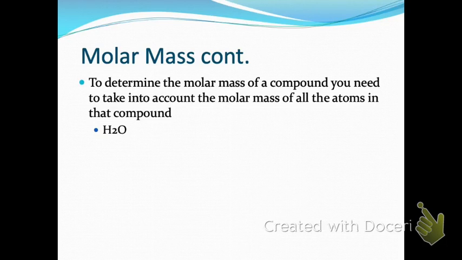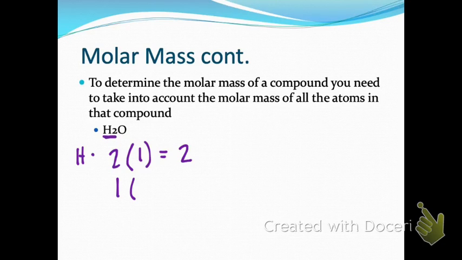If I want the molar mass of this compound, what's this compound? Water. If I want to find the molar mass of that compound, I take the molar mass of hydrogen. How many hydrogen atoms do I have? 2. 2 atoms times the molar mass, which is 1, gives me a total of 2. How many oxygen atoms do I have? 1.